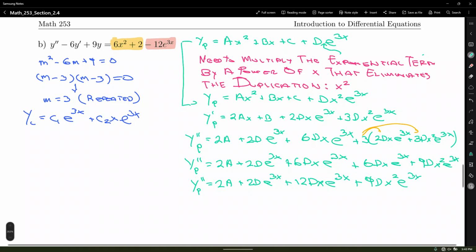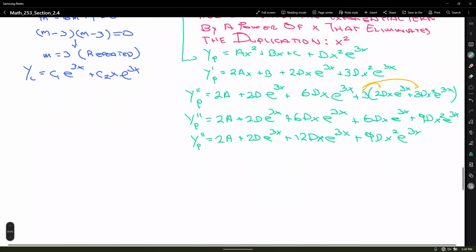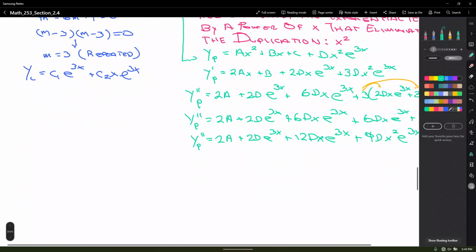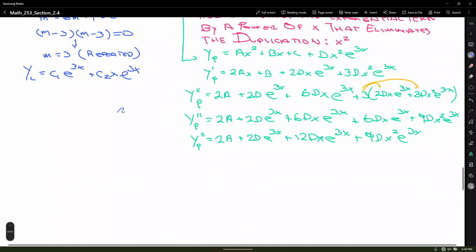That's just the derivatives, guys. The fun part is the next part: the substitution into the differential equation and finding the coefficients. So here we go.